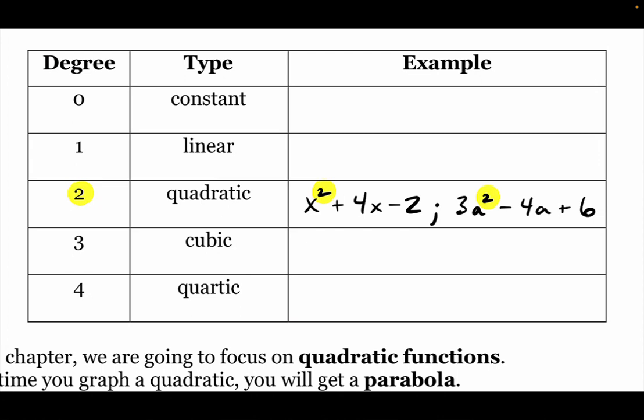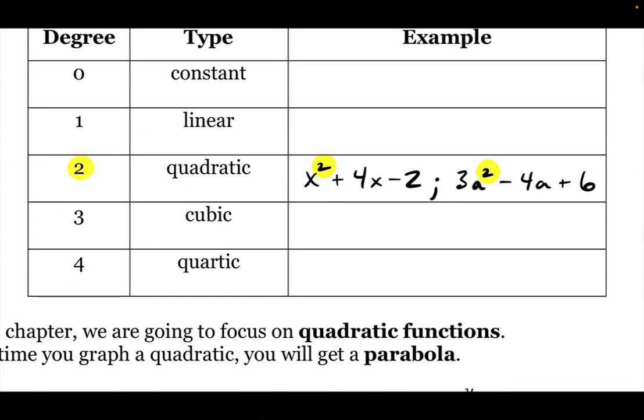Okay. Next one is cubic. Cubic's the same thing, except the biggest power is 3. So let me give you an example. Minus 2x plus 10. There's one example. Let me give you a smaller example.